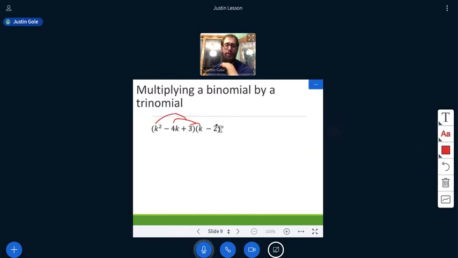So I'm going to multiply my binomial by the trinomial. I'm going to distribute my binomial. k times k squared is, so does this make sense? I'm multiplying k right here times k squared to get k to the third. I'm going to multiply negative 4k times k to get negative 4k squared, and then k times 3 to get plus 3k.